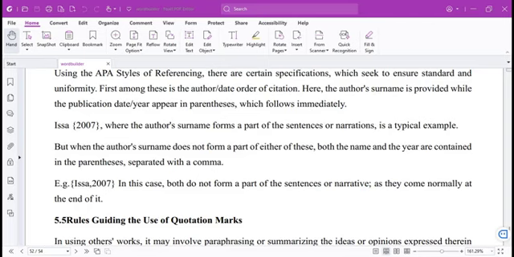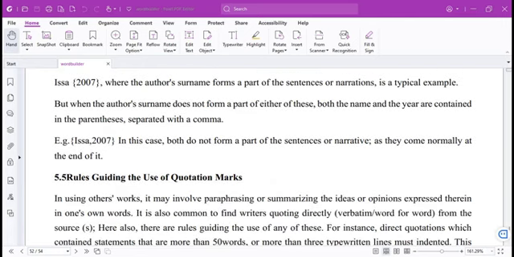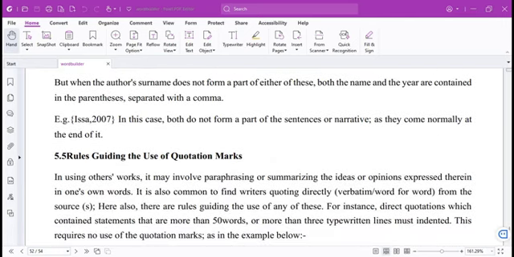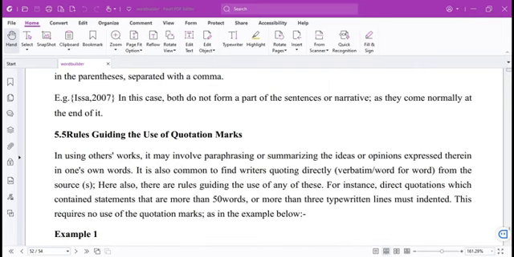But where it does not form a part of any of these, both the surname and the year will be in parentheses, but they must be separated by a comma. Example, Isa, 2007. You can see that both name and year are in parentheses. In this case, both do not form a part of the sentence or narrative as they come normally at the end of it.